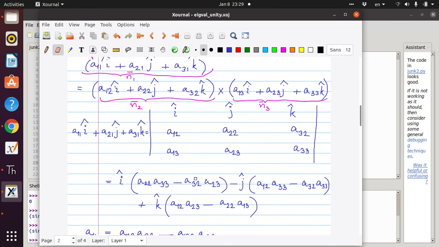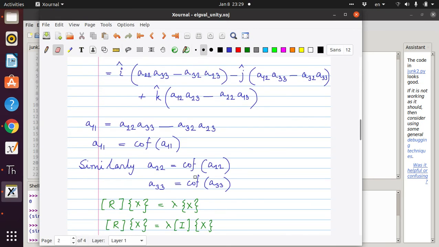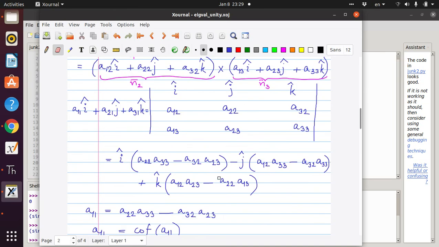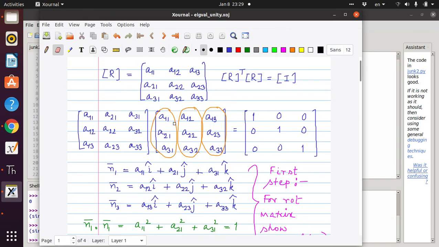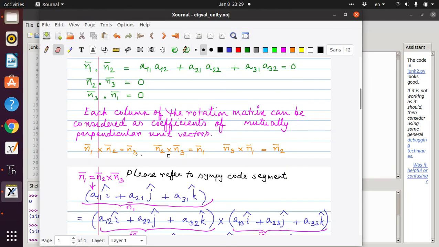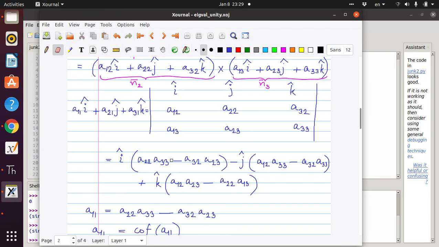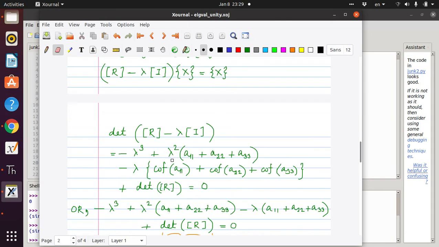Similarly, you can show that a22 is the cofactor of a22 and a33 is the cofactor of a33. So the cofactor of A22 is A22 itself, and the cofactor of A33 is A33 itself. So this is a property of the rotation matrix.